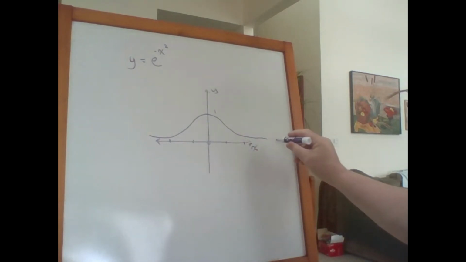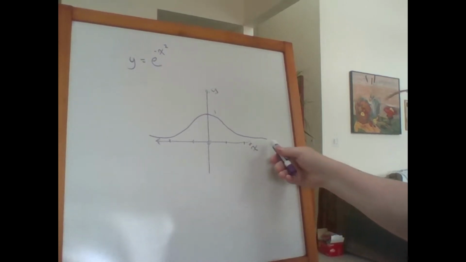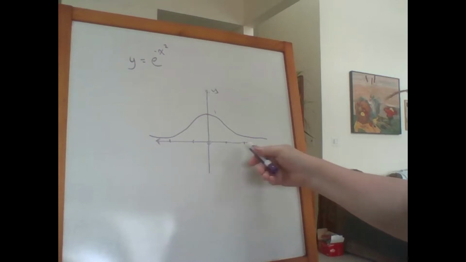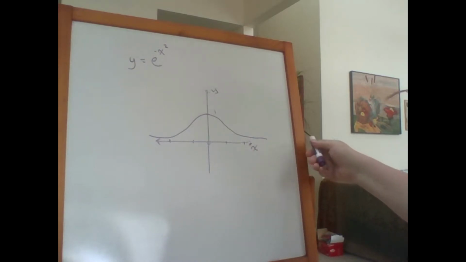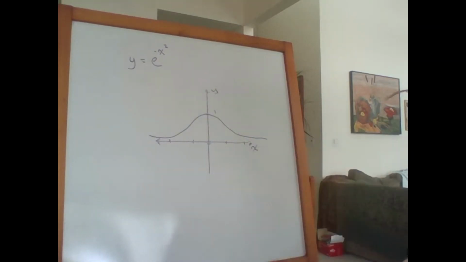The same holds true for positive x. The larger x gets along the x-axis, the smaller the function becomes, and it approaches 0.